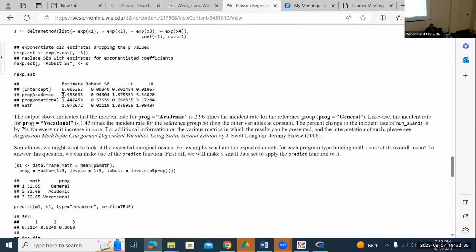These values have changed. Previous estimates and current estimates have changed, right? Now see, the output above indicates that the incidence rate for program academic is 2.96 times the incidence rate for the reference group.